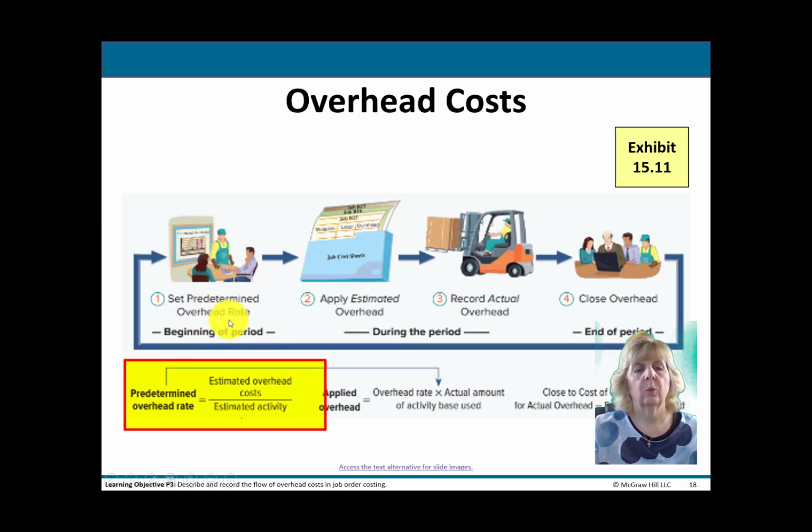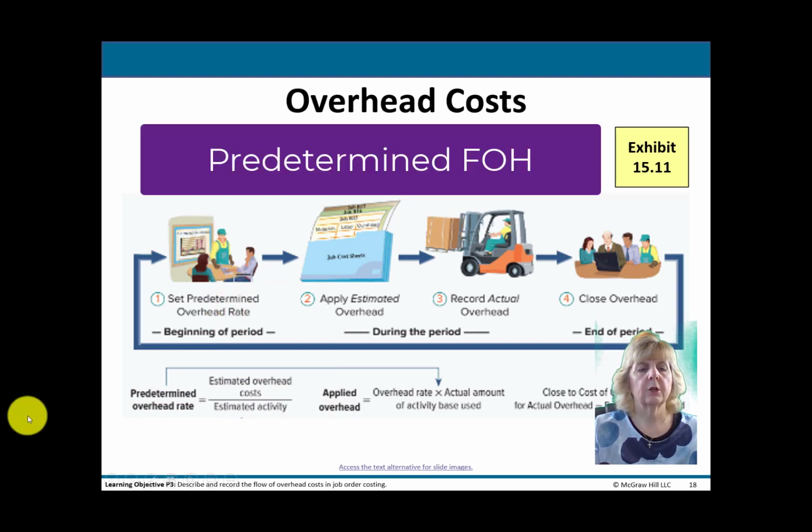By the way, we will be spending more time on overhead costs in day 2, but we will touch them today. A predetermined overhead rate is a really fancy word for an overhead rate created ahead of time. So at the start of the year, the factory estimates its overhead costs, and that's what goes on the numerator.